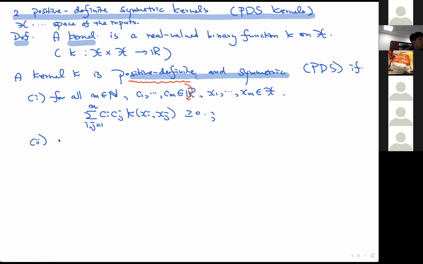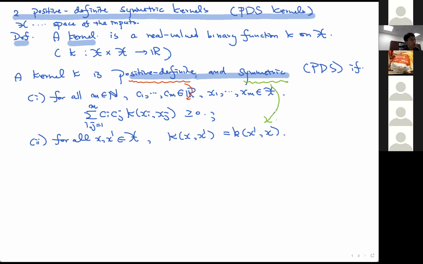It says that for two inputs x and x prime, computing K(x, x prime) is the same as computing K(x prime, x). Symmetry is related to this second property.